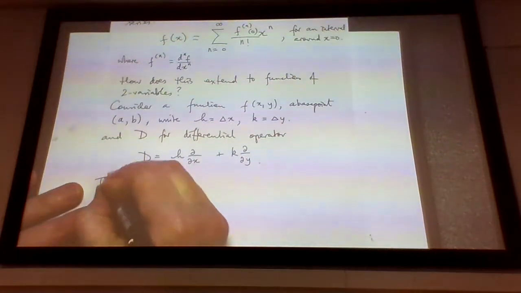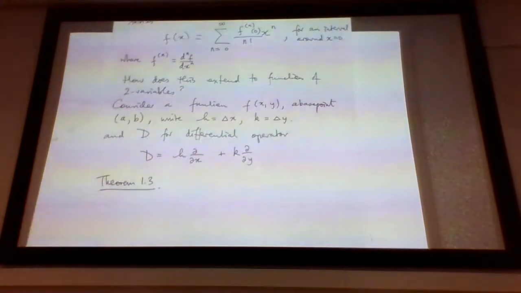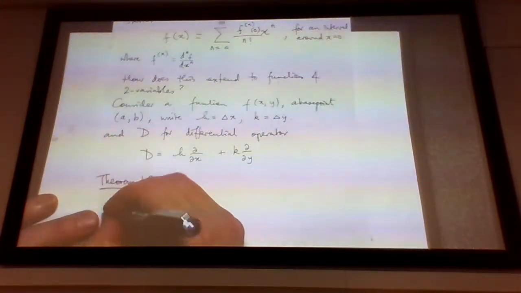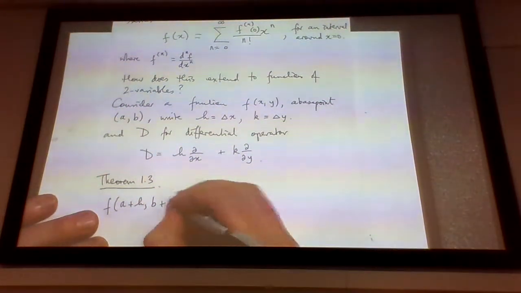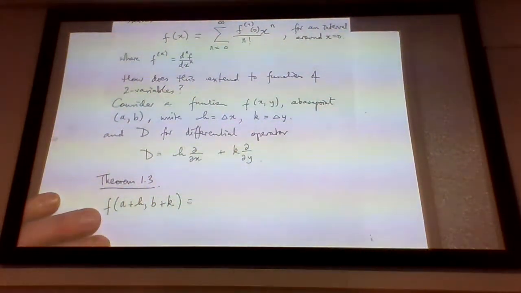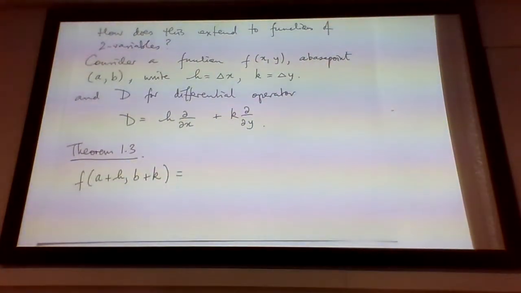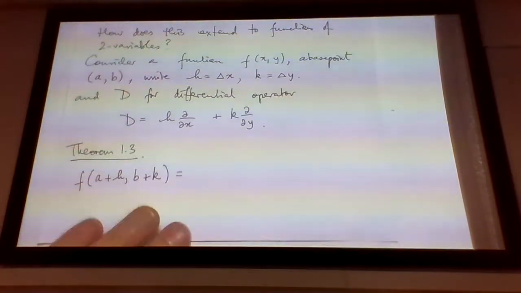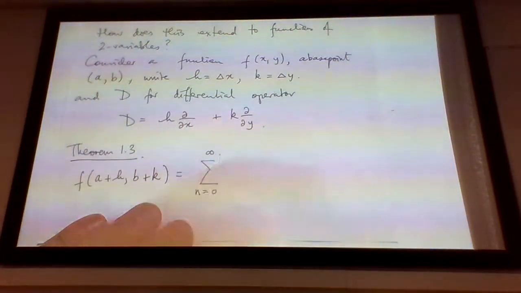And then in Theorem 1.3, we can see the declaration of the structure of these Taylor series. So it says f evaluated at a point close to the base point. So you're evaluating your function f at a point (a+h, b+k), and the structure is similar.